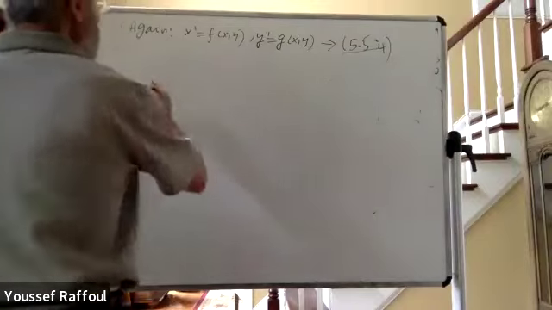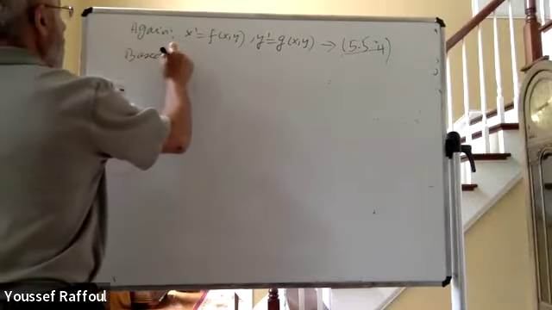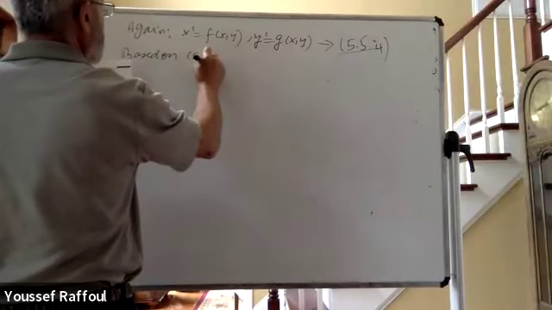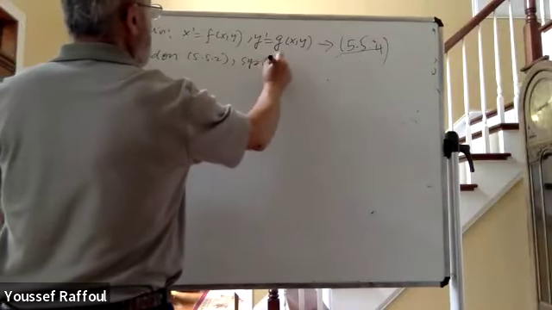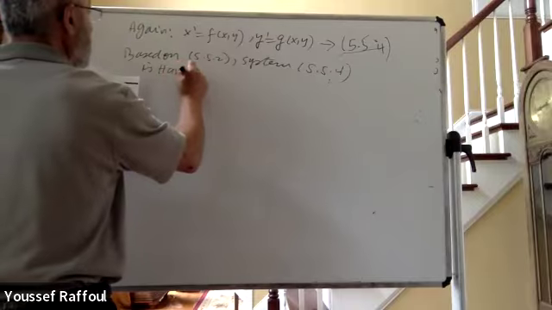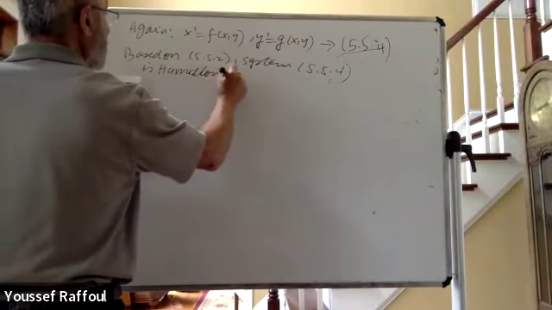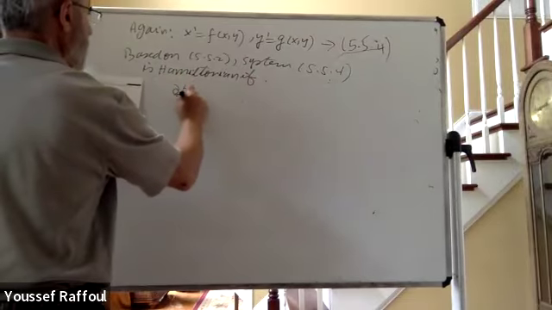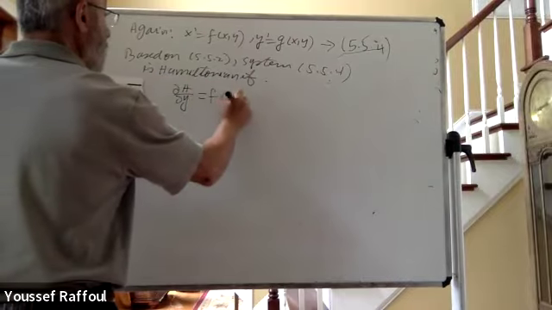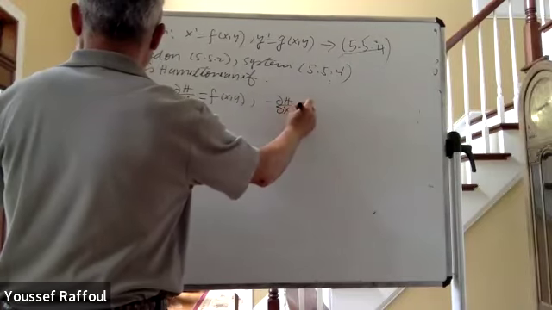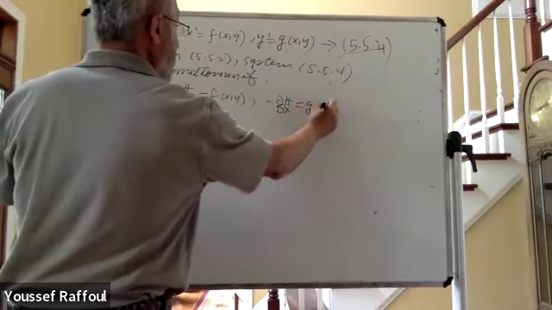So again, based on this 5.5.2, system 5.54 is Hamiltonian if del H over del y equals f of x,y and minus del H over del x equals g of x,y.